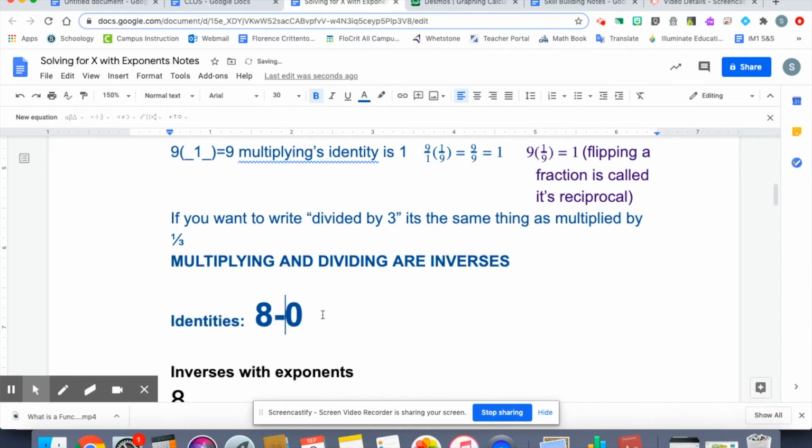Or this could have said subtract. I can also times 8 by 1 and it's still 8, because 0 is the identity for adding and subtracting. The reason I could times it by 1 without changing it is because 1 is the identity for multiplication.